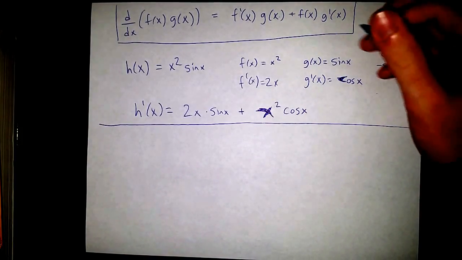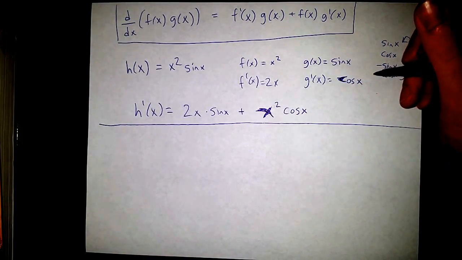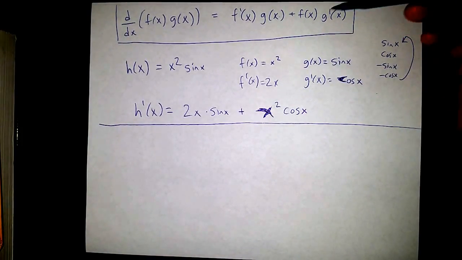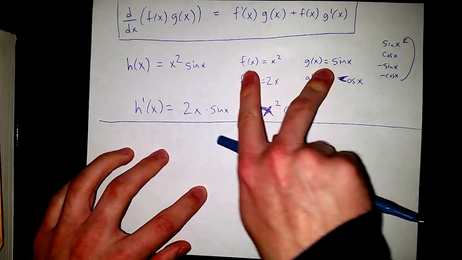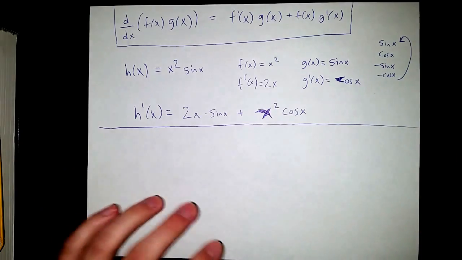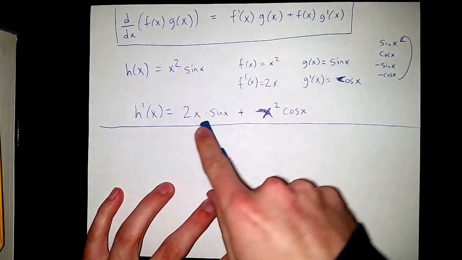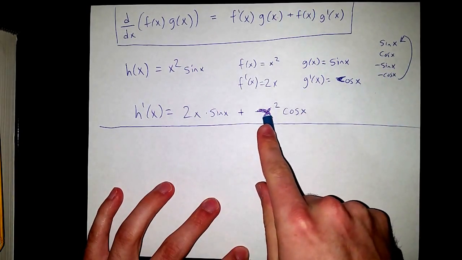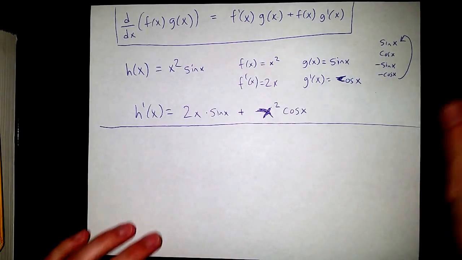I always get that messed up a little bit. Anyways, remember, split it up. We get all of our parts, and then we just plug it in: f prime of x, g of x, f of x, g prime of x.